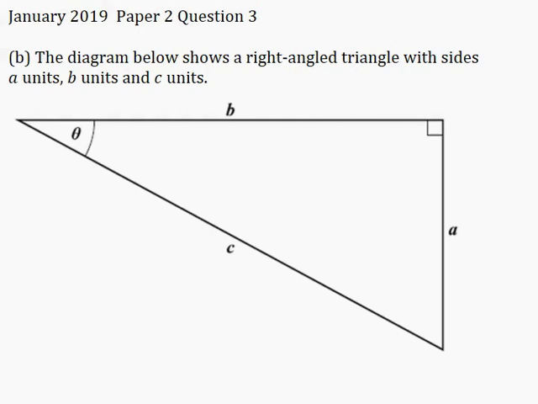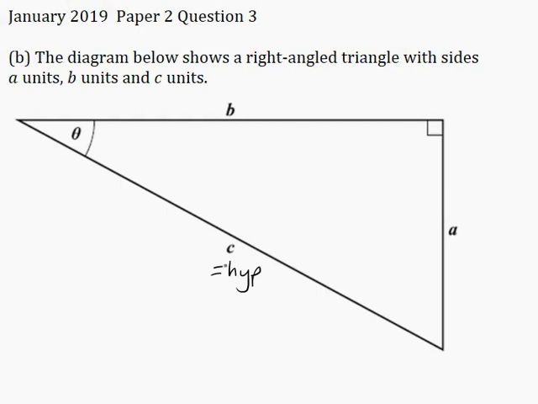In our diagram, C is the hypotenuse because it is the longest side of the triangle and it is opposite the right angle. So I will label here that C is equal to the hypotenuse. Now, Pythagoras Theorem states that the hypotenuse squared is equal to the sum of the squares of the other two sides.